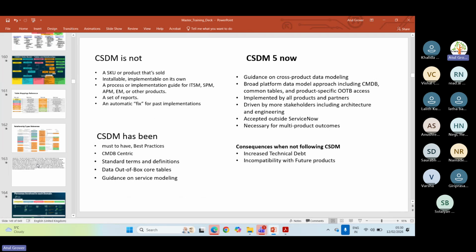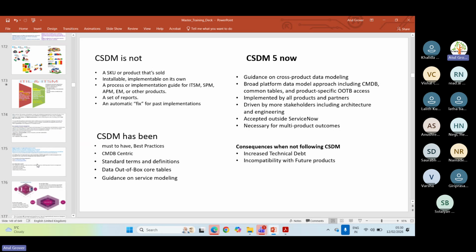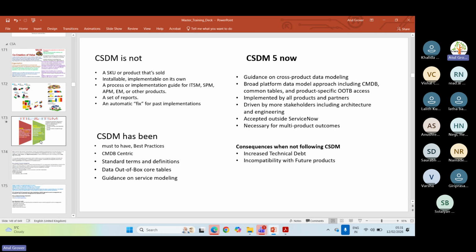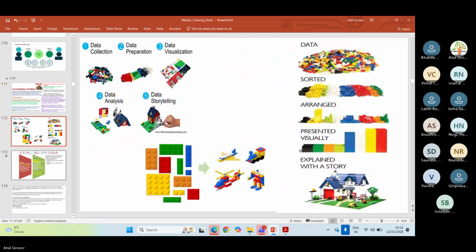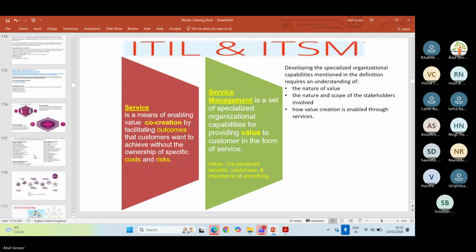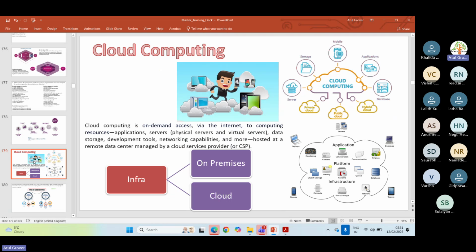Let me show you some basic concept here. Yes, this is what I use. Cloud computing. Everybody knows the three types: SaaS, PaaS, IaaS. Application as a service, platform as a service, infrastructure as a service.